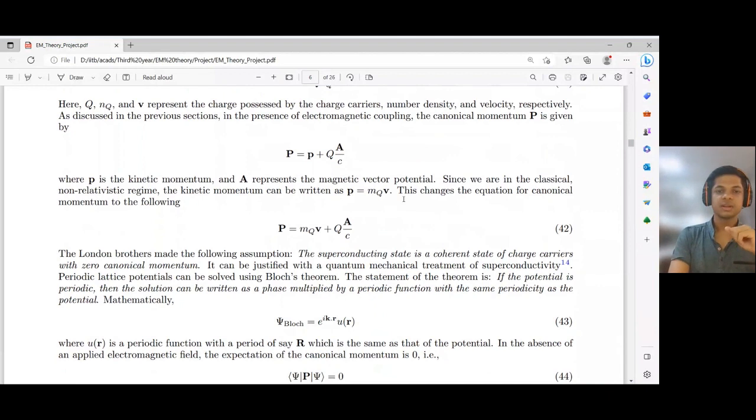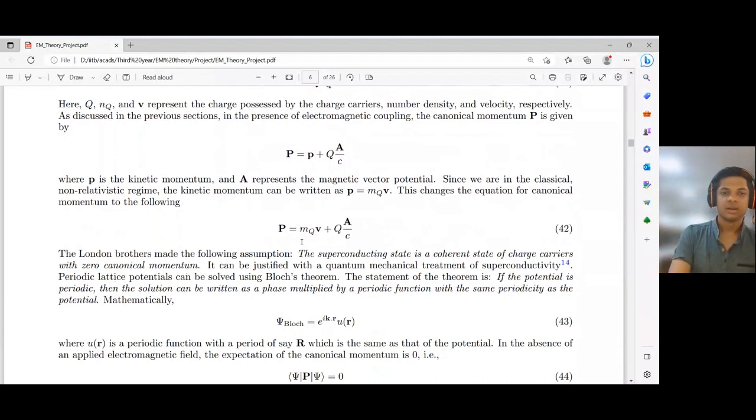Now, this is where the London brothers made a very radical assumption at first sight: that the superconducting state is a coherent state of charge carriers with zero canonical momentum. This assumption cannot be easily justified using purely classical mechanics, but there is a justification when we treat the problem quantum mechanically.